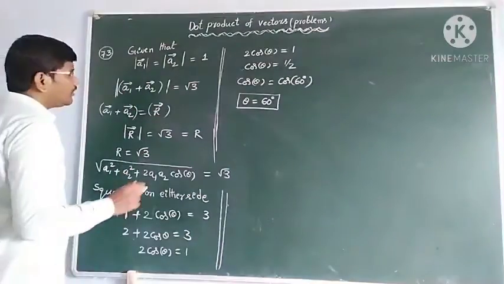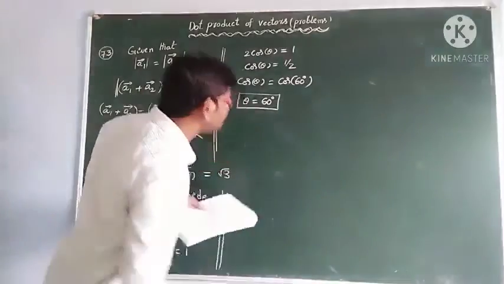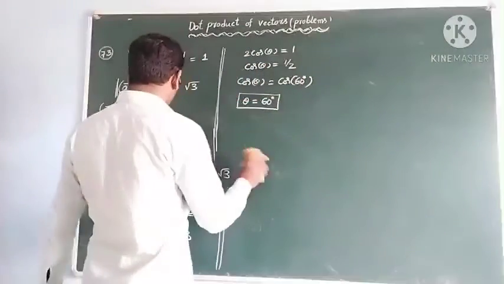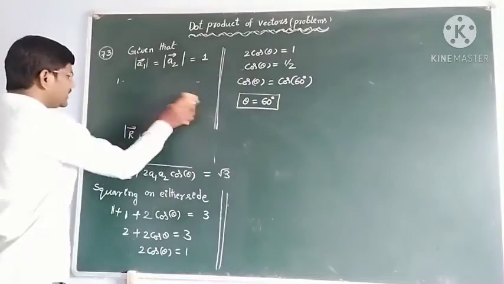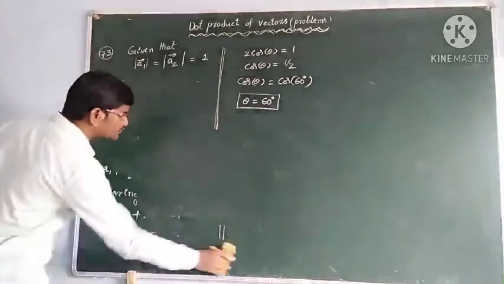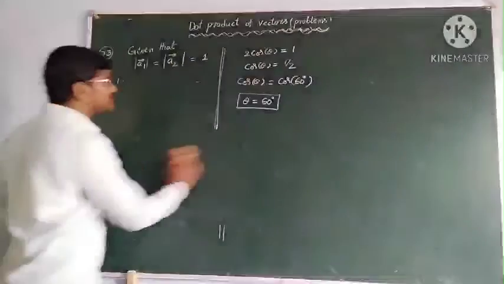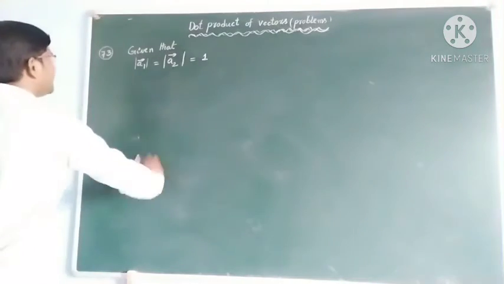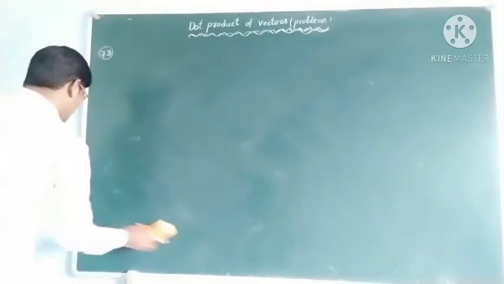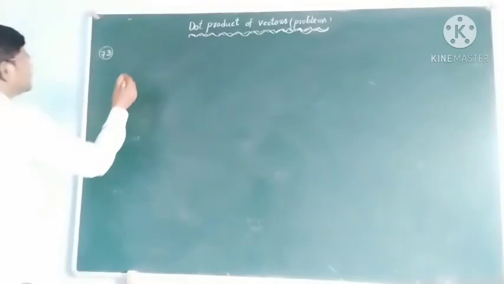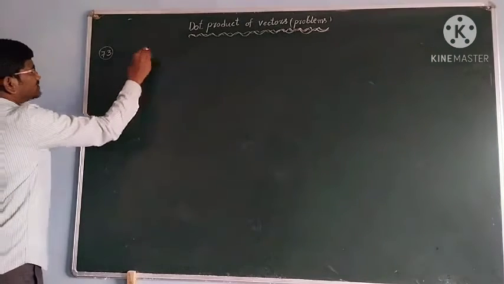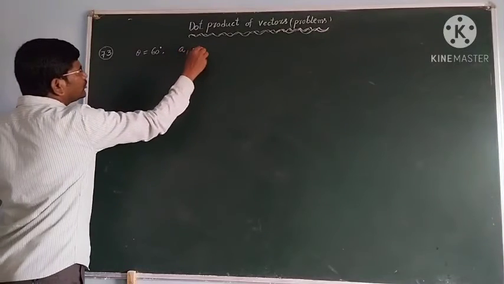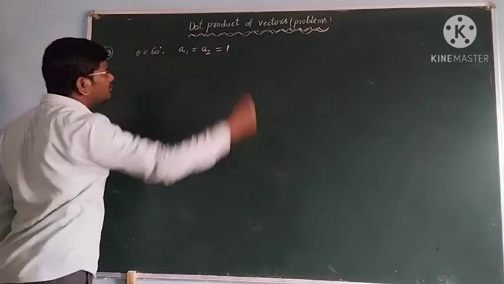So now I am getting the angle. Now the next thing I have to do, you see, students. From the given data, theta is 60 degrees, and A1 is a unit vector, A2 its magnitude also 1.